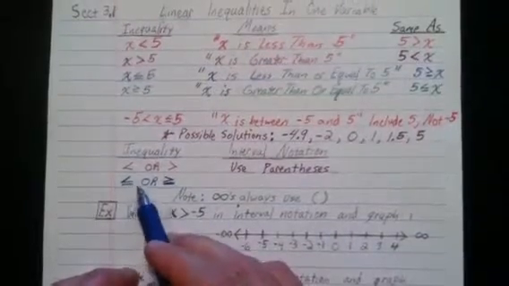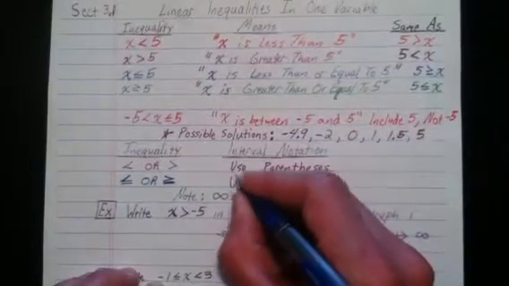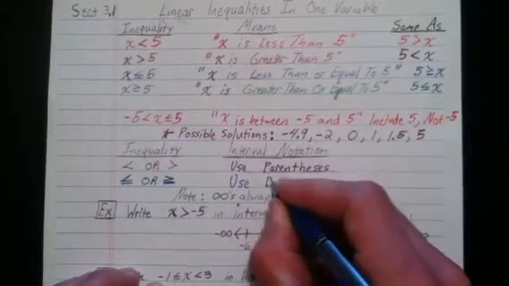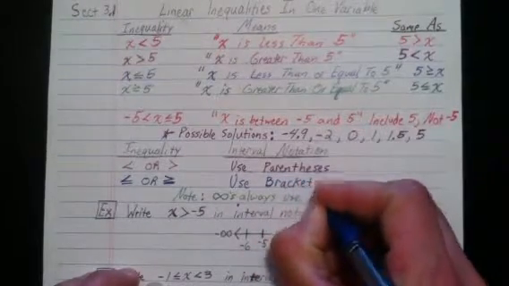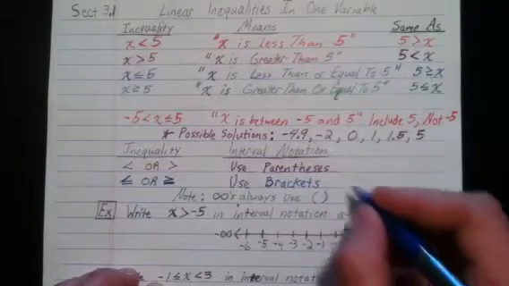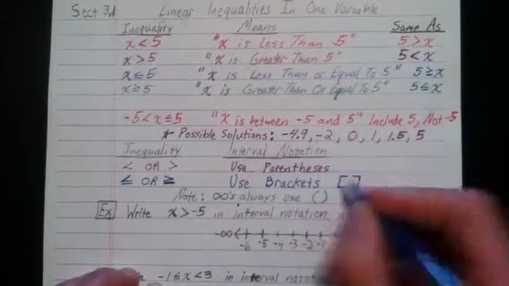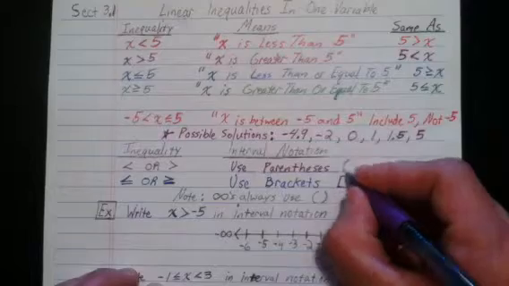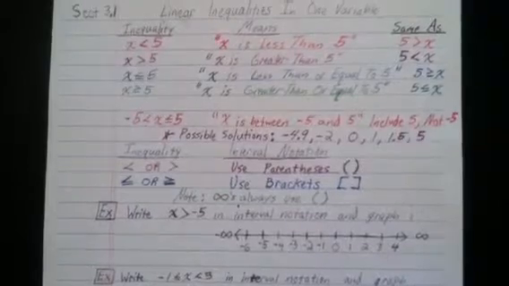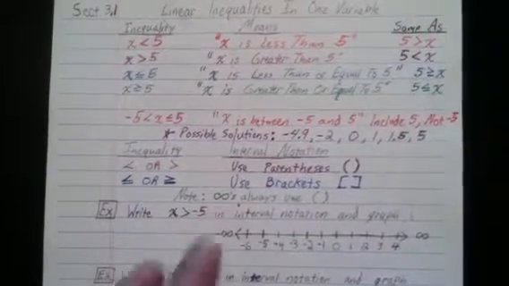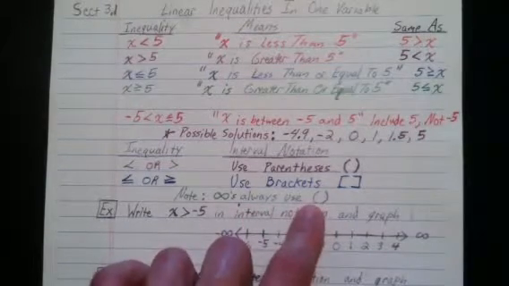Whereas if you have a less than or equal to or greater than or equal to, when it has the equal to bar underneath, then you're going to need to use the brackets. So brackets look like this. Parentheses, of course you know what parentheses are. Alright. And now when you have infinities, which we're going to look at here in a second, infinities will always use the parenthesis. Okay, something to keep in mind.